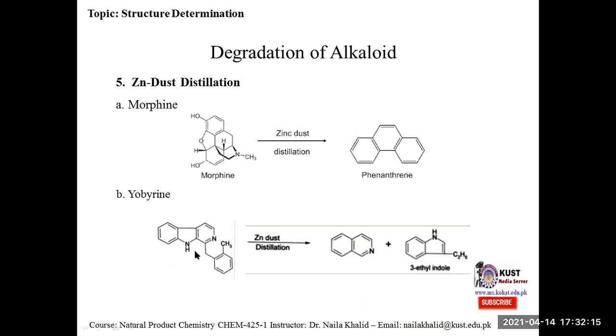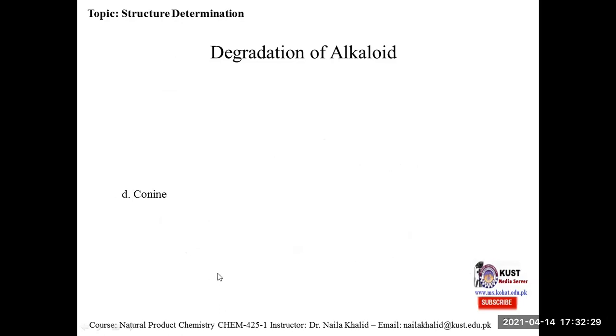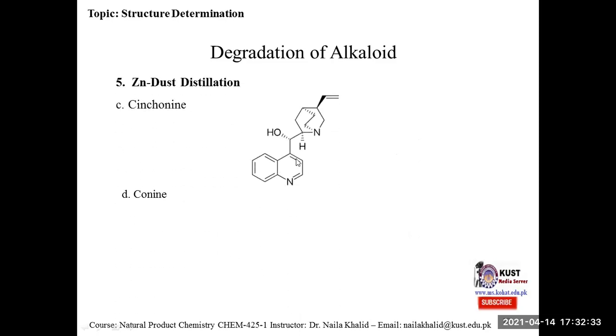Yohimbine is another alkaloid which upon zinc dust distillation gives you isoquinoline along with indole, 3-ethyl indole. It means that these two are part of this alkaloid. Cinchonine gives you quinoline, whereas coniine gives you 2-propyl pyridine.